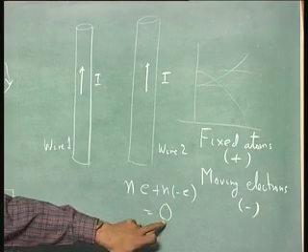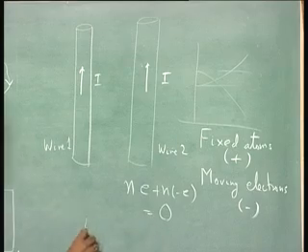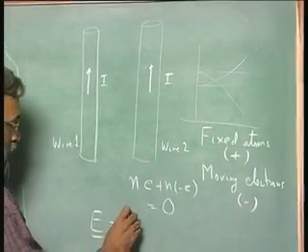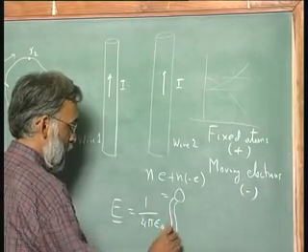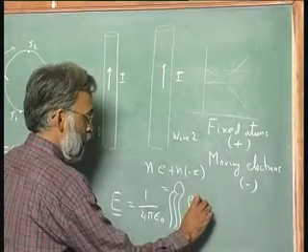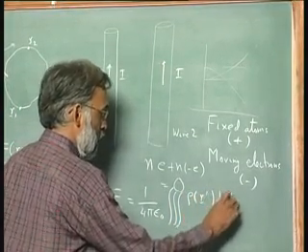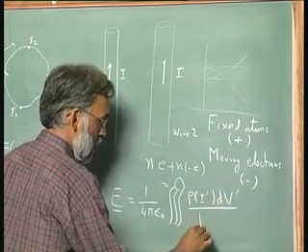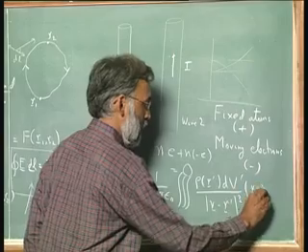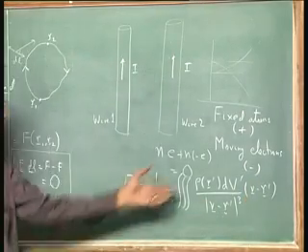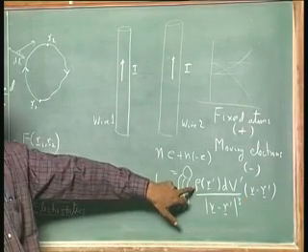If there is no net charge, then the electric field, which is 1 over 4 pi epsilon naught volume integral rho of r prime dv prime over |r minus r prime| cubed times (r minus r prime), depends on rho.